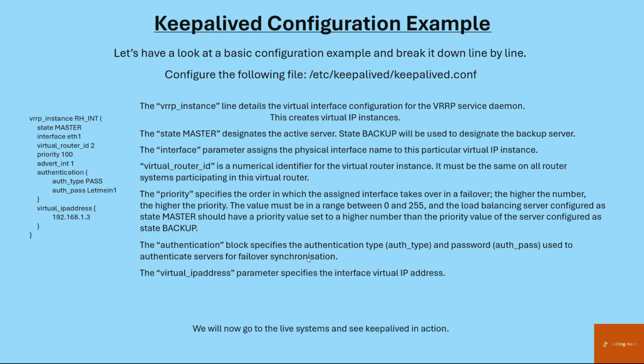So let's go ahead now and configure this on the live systems and see it in action. So here we are at the live systems to show you what I've already completed. We have the master system for keepalived. We have the backup system for keepalived. We have a start node for pinging the keepalived virtual IP to show it working.